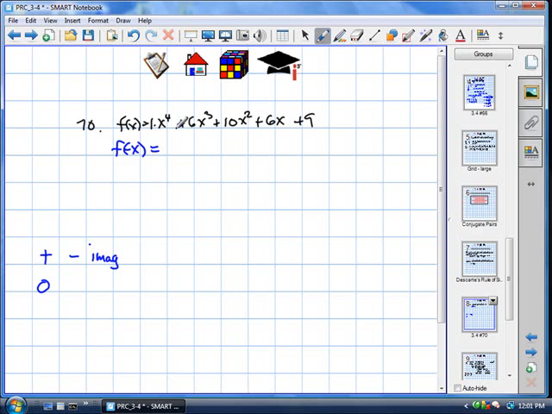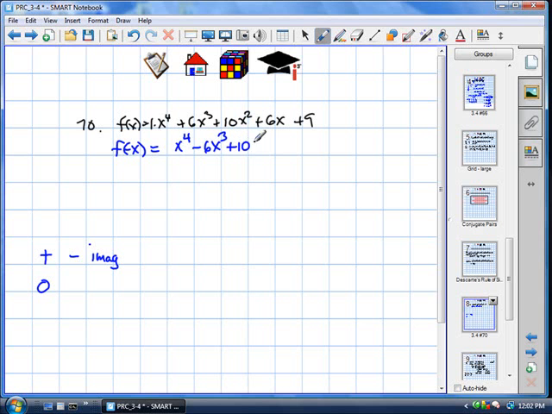Okay, now let's find f of negative x. What happens when you take negative x to the 4th power? It's going to be a positive, right? Then what happens when you take a negative x to the 3rd power? That's going to be a negative x cubed. So isn't this going to be minus 6x cubed? And in the 3rd term, when you take a negative and square it, you're going to get a positive.